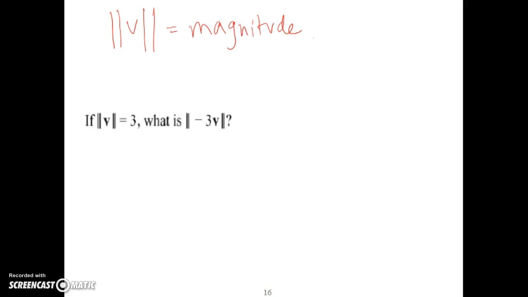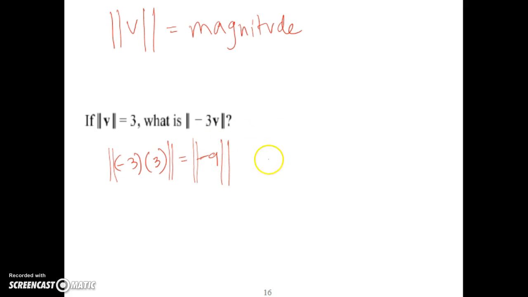So, for example, if you have a problem that says if the magnitude of a vector v is 3, what is the magnitude of negative 3 times the vector? So basically, you just use scalar multiplication. You would just say negative 3 times 3, because v is 3, and you get negative 9. Okay, so you get negative 9, but remember, this is a magnitude, and they're not concerned with the direction.